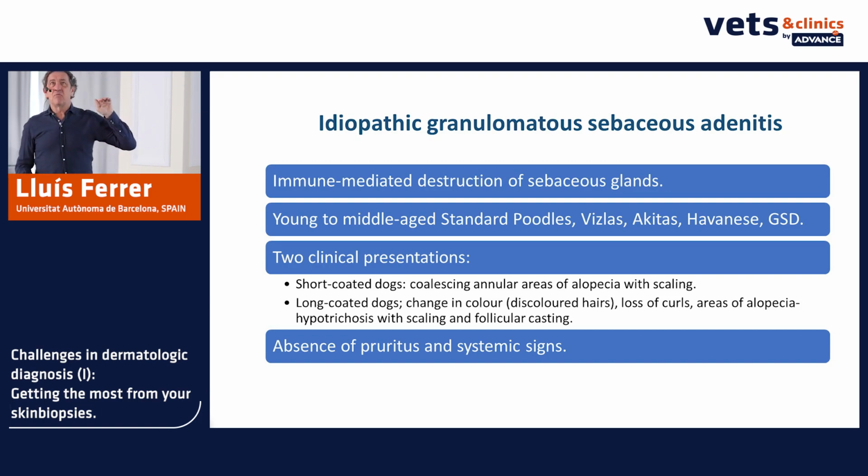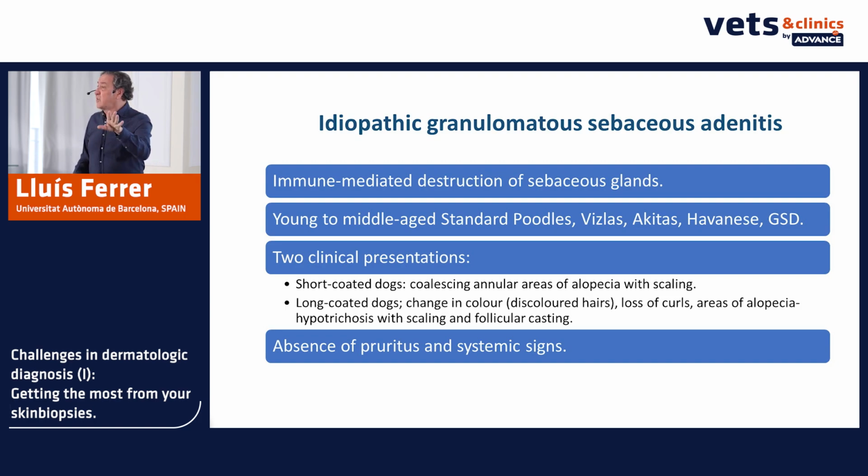Until the report of this condition, most of these dogs were diagnosed with hypothyroidism because people didn't do biopsies, simply blood work. In many cases, T4, that we know changes a lot and can be low for many different reasons, including some steroids, stress, medicines. So these dogs were diagnosed with hypothyroidism and treated like hypothyroid dogs.